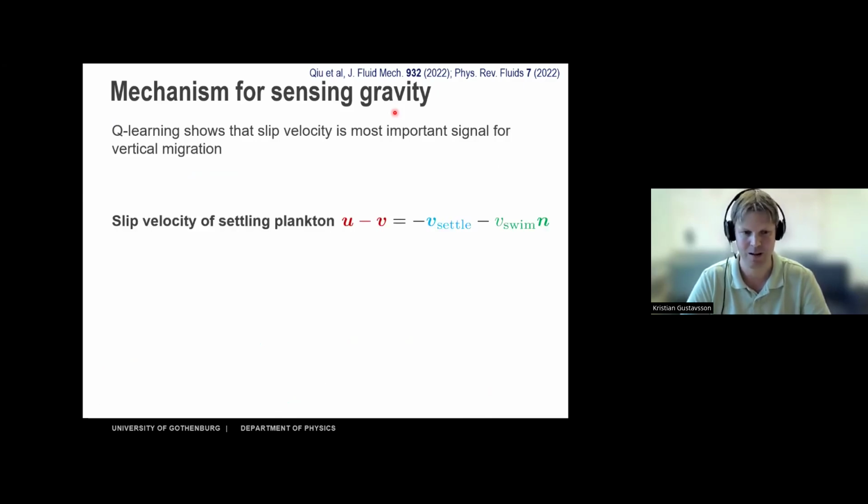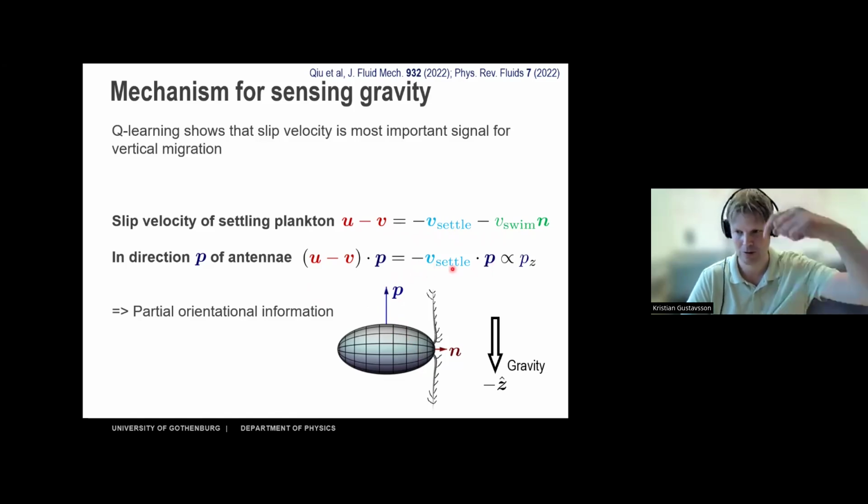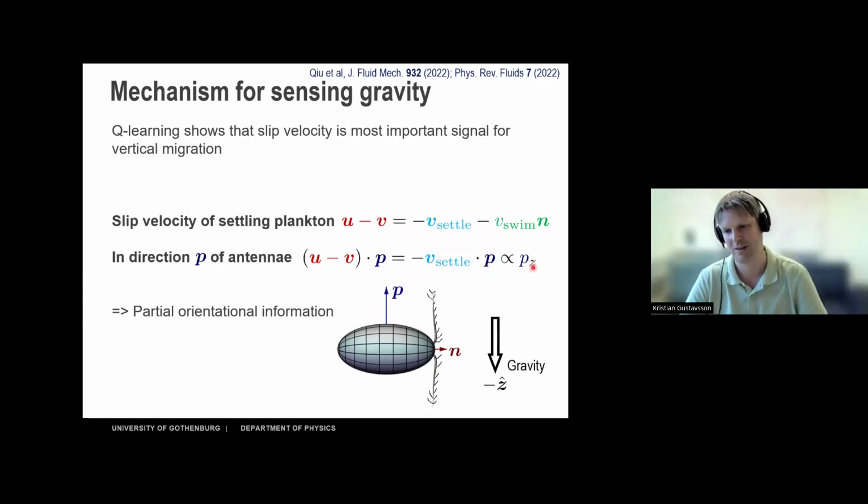So for example, we found that if you look at the slip velocity of a settling plankton, the difference between the flow velocity and the plankton velocity is minus the settling velocity minus the swimming velocity in its instantaneous direction. And then you project this on the direction of the antenna, and you just get the settling velocity times p, and the settling velocity is essentially vertical, so this is basically proportional to pz.